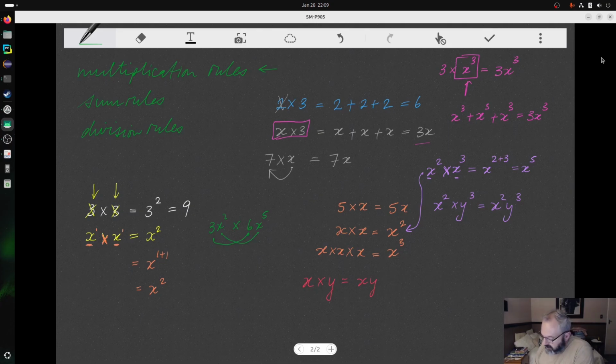So in this case we will have 3 times 6, which is 18, and we have x to the power of 2 multiplied by x to the power of 5. It's similar to this. So I have x to the power of 2 plus 5, so I have x to the power of 7. Okay, does it make sense to you? When I'm multiplying terms, I simply multiply the numbers and I multiply the letters.